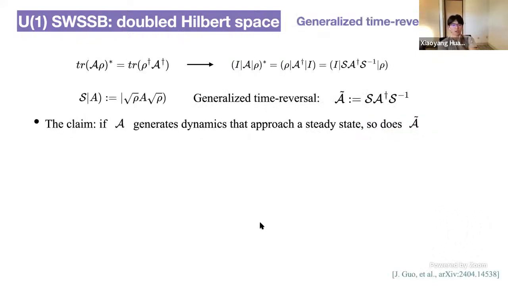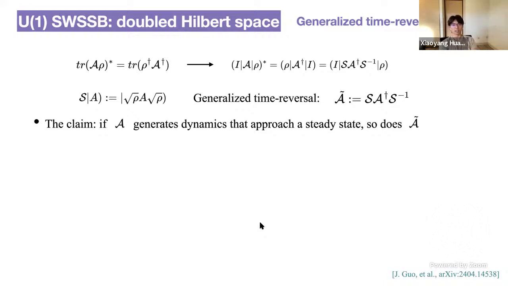Okay, because we're talking about thermal equilibrium, there are additional very important symmetries that we need to keep track of. And it is exactly because of these symmetries that it will give you a different structure from the pure state SSB phase. So the symmetry can be seen as the following. On the left-hand side is a single copy Hilbert space identity.